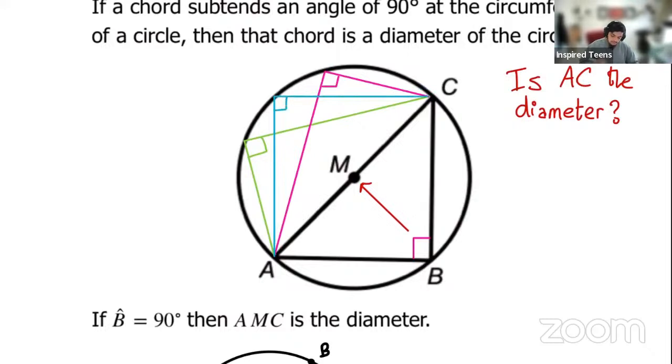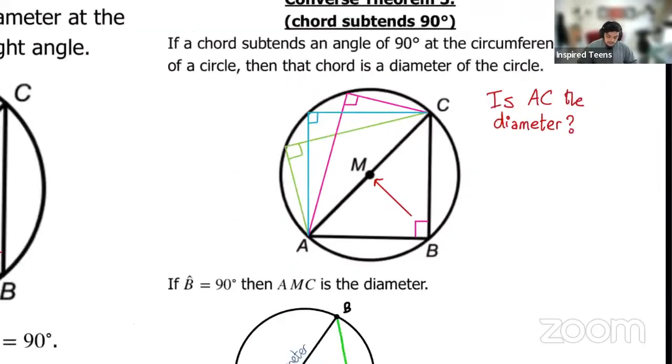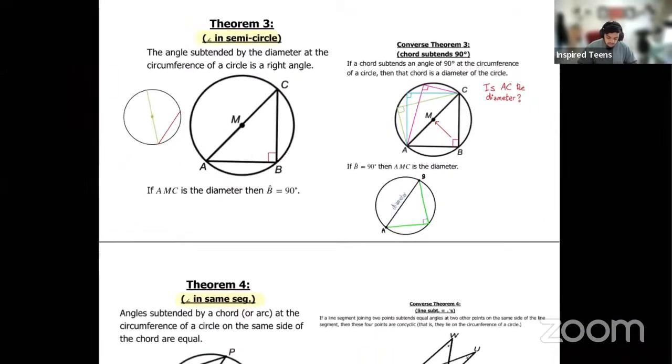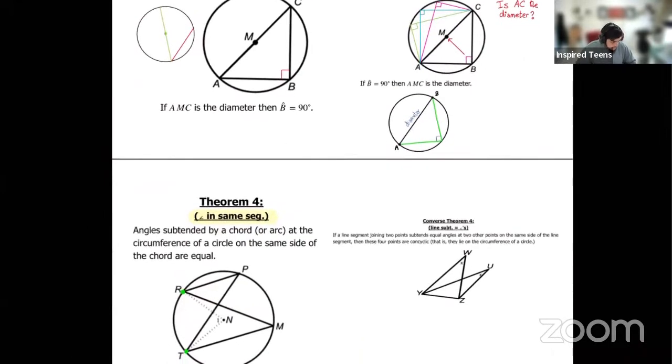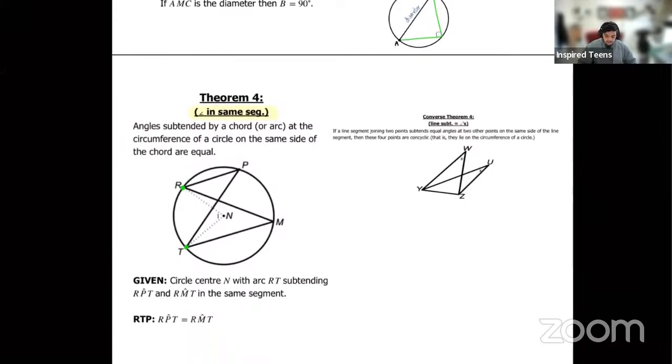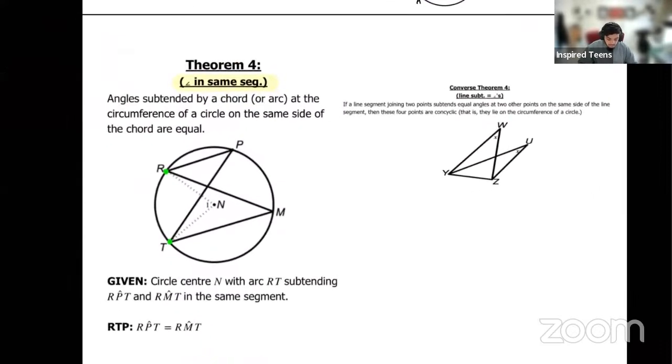This is also 90. And remember, angles subtended by the same chord are equal, and the same chord is the diameter, and it's all equal to 90 as well. So it'll be 180. So why do you halve it? It's not subtended by the same chord because it's by different ones. We'll go back there. Let me do one more theorem and we'll go back there and I'll explain it again.